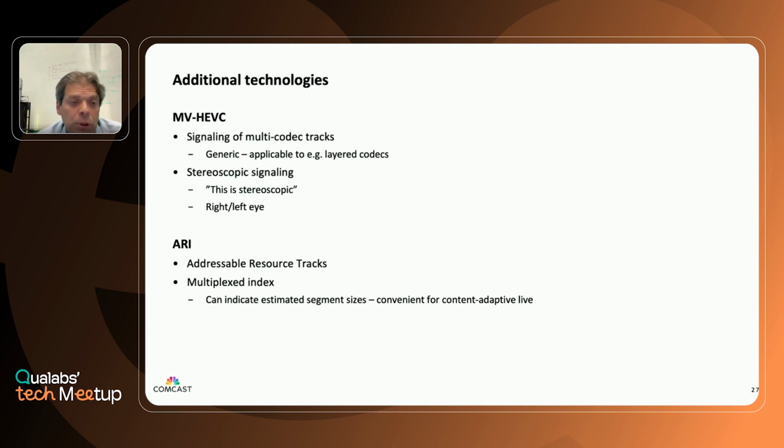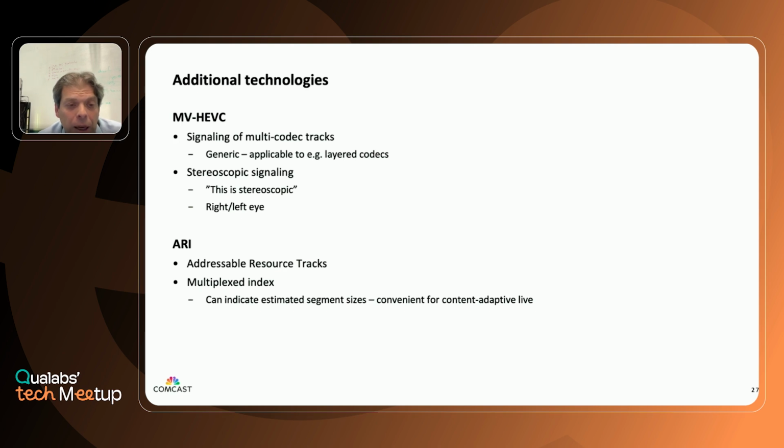And then there was a modification in stereoscopic signaling. First of all, we need to be able to say this is stereoscopic video, which funnily enough we couldn't do. And then we want to say the right eye or left eye is first. A much larger thing is ARI, or addressable resource tracks.